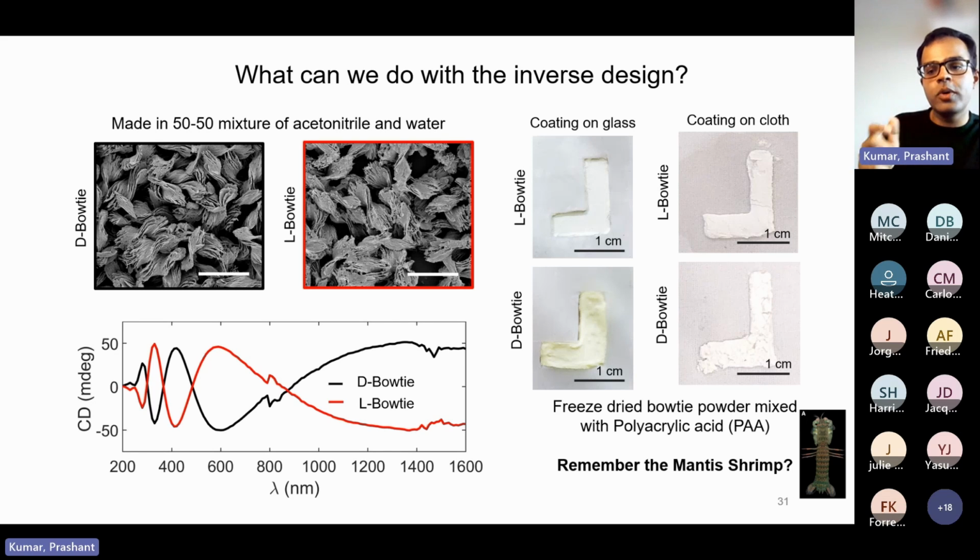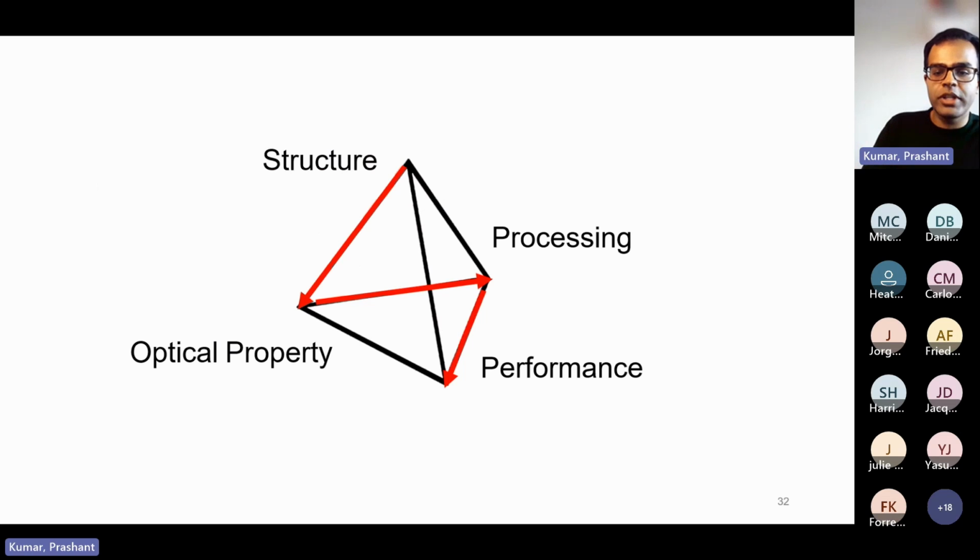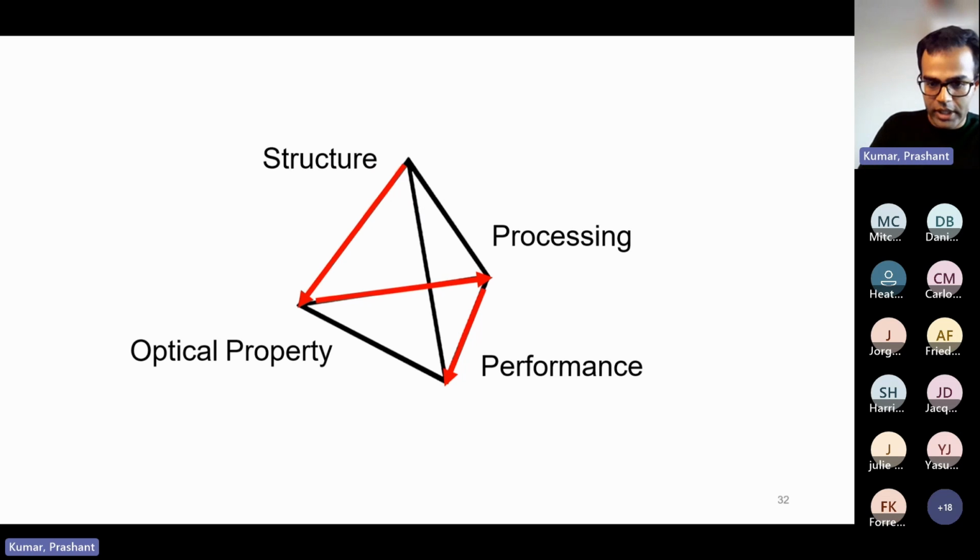And now we start to compare what these coatings can do as compared to what mantis shrimp could do. So now these coatings have these twisted structures within them, like the mantis shrimp had these twisted rods inside its shell. And now we start to put these coatings to test. And that's where the performance of this material comes. How do we evaluate the performance of these coatings?